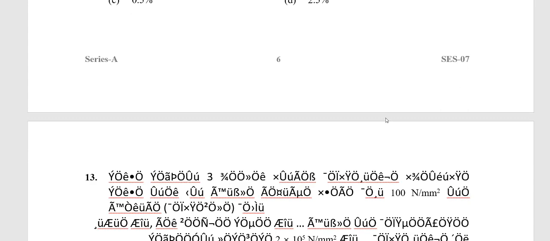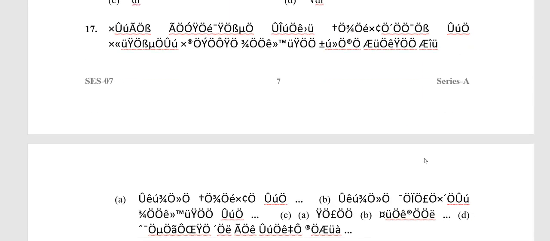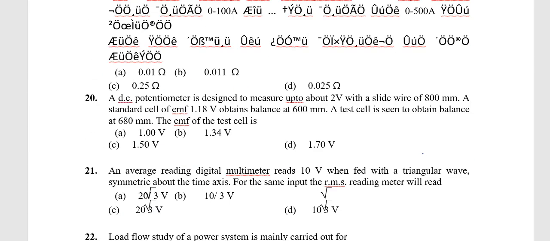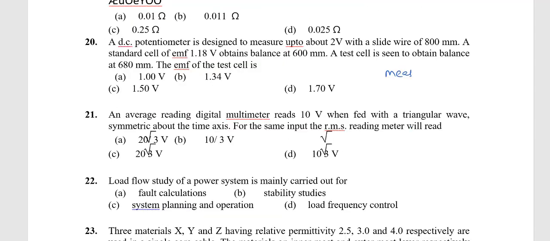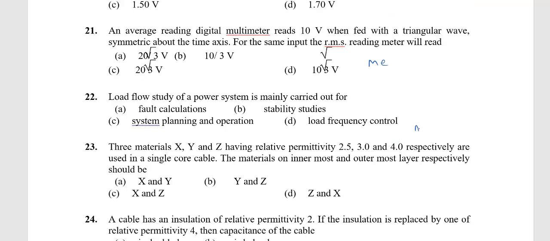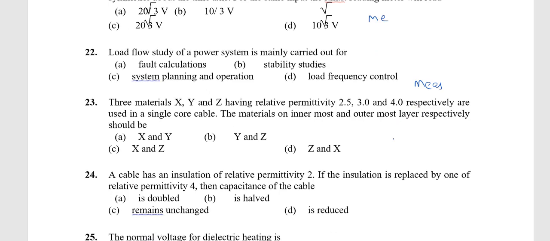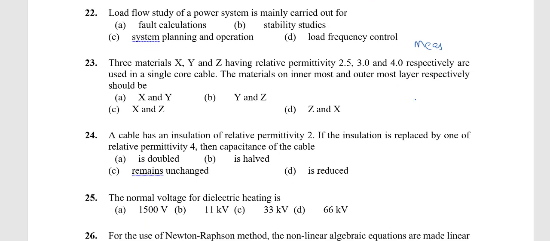So you can observe more of the questions in this paper are from measurements. Again, this is also measurements. Slide wire, meter bridge problem, measurements. Maybe this post would have been for measuring some things, so all are from measurements only.